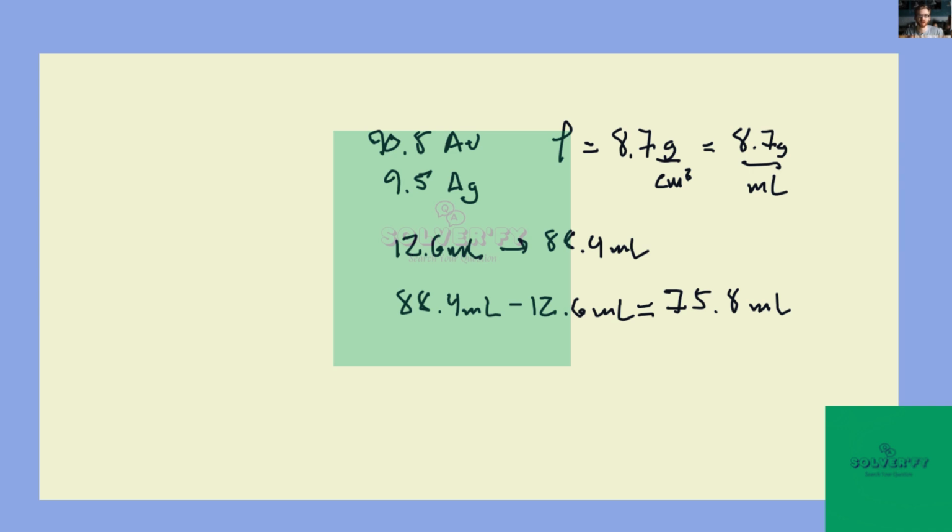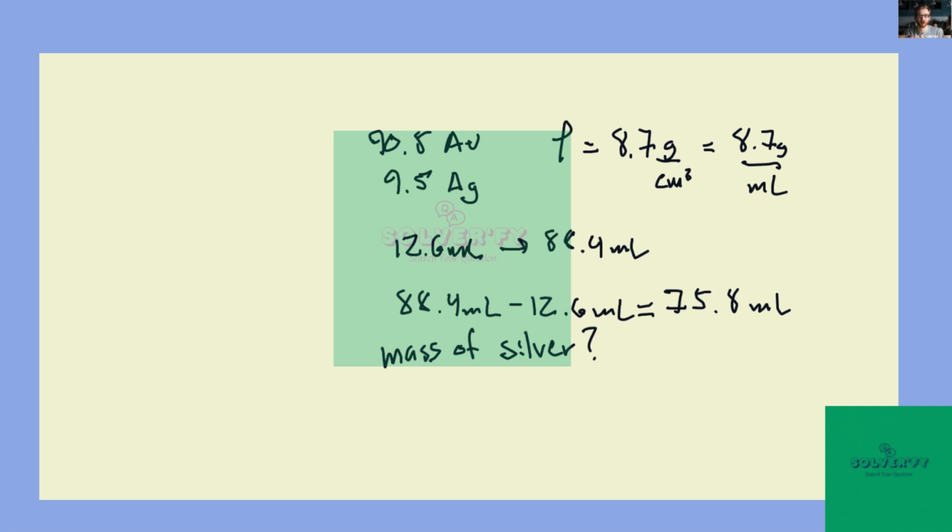Okay, this is all the information we have. We have the mass percent, we have the density, and we have the volume. And our final question is, what is the mass of silver, given all that we know? Well, if we know the mass percent and we know the mass of the pendant, then we can figure out what the mass of silver is.